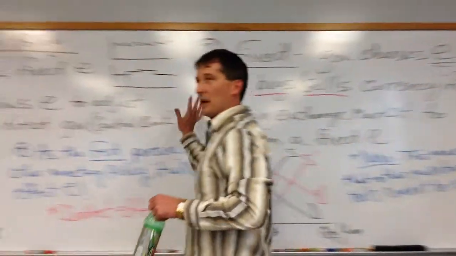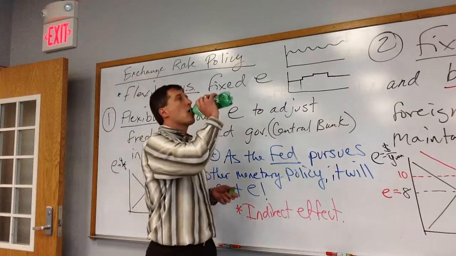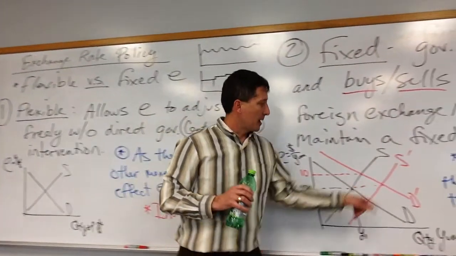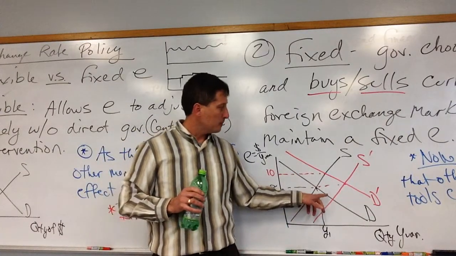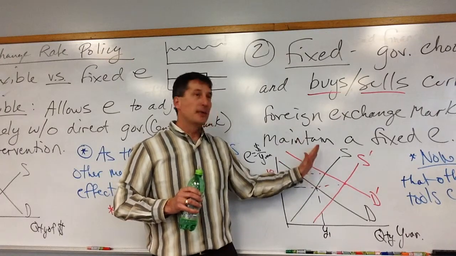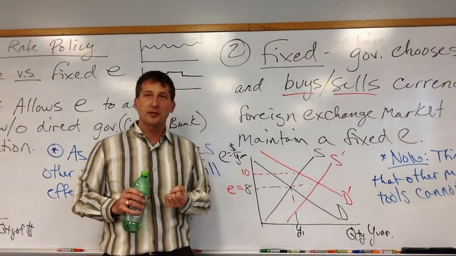All right, questions or comments on this stuff? There are a couple of interesting things that pop out of this. One is, as the Chinese government supplies yuan onto the market, they are literally buying up dollars.